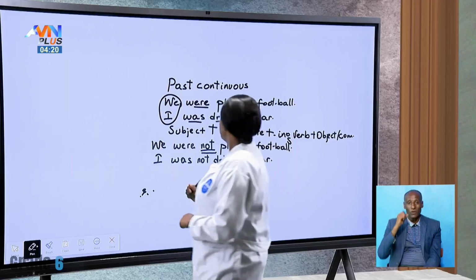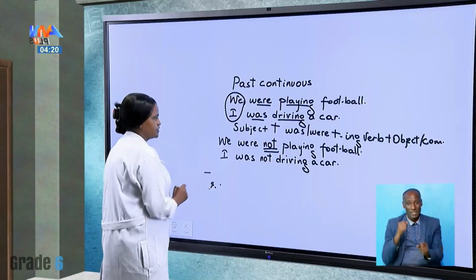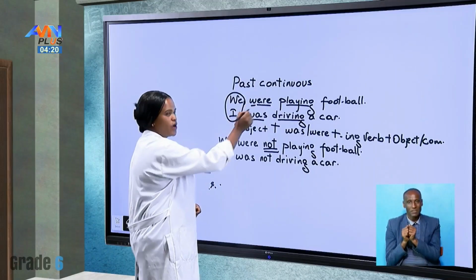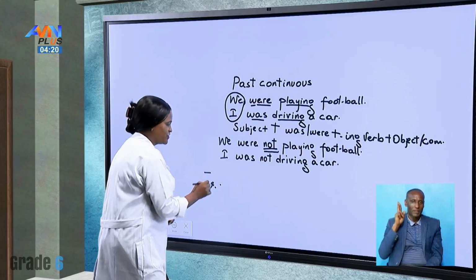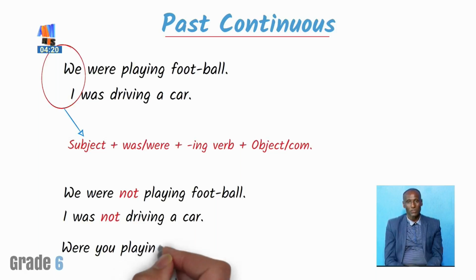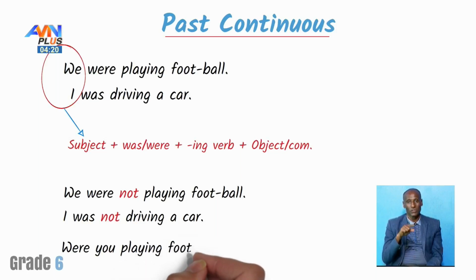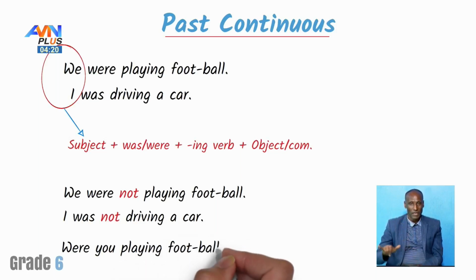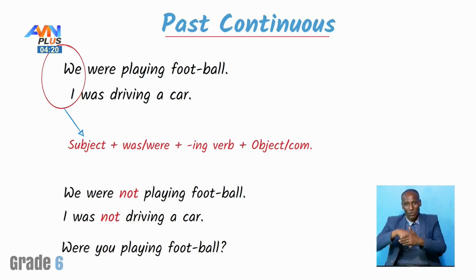Okay, let's do it. Do you start by saying where? Perfect. Were you? Yes? After were, there comes the subject. Were you playing football?